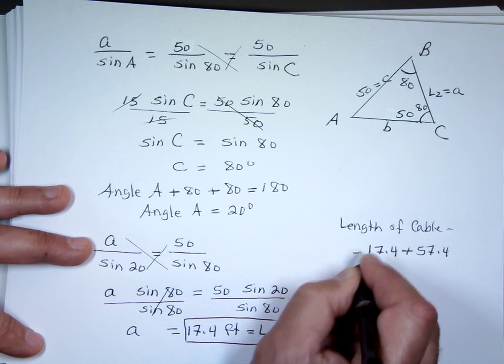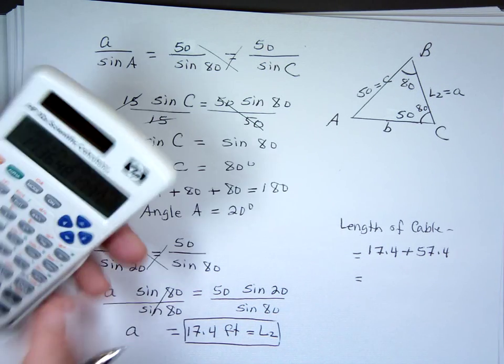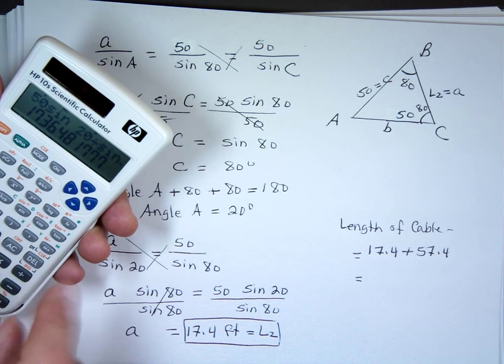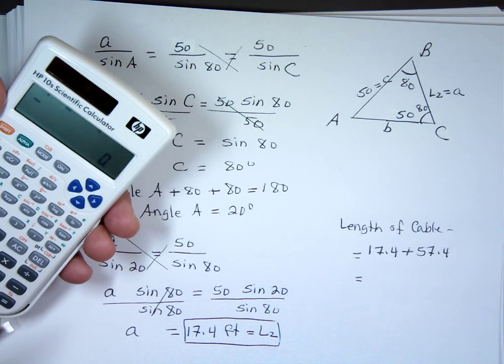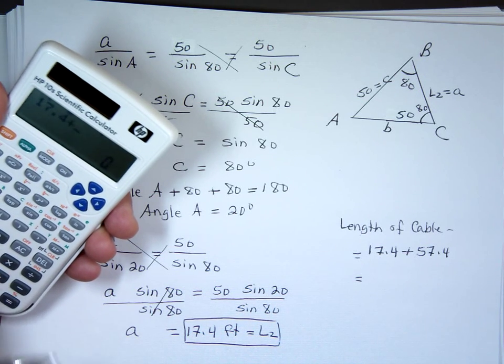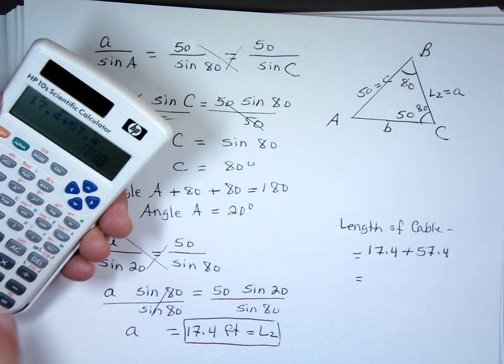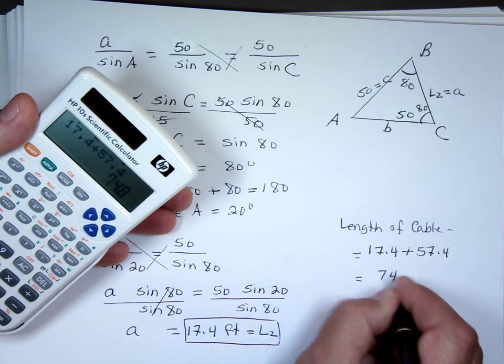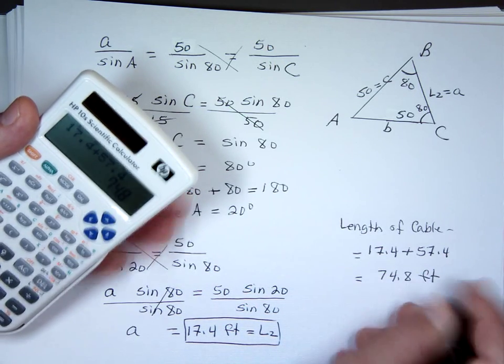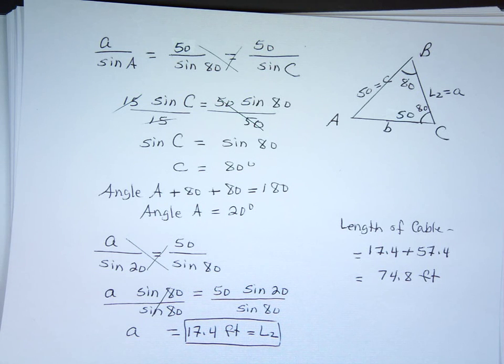So I better go to Lowe's or Home Depot now and I need 17.4 plus 57.4, and that's 74.8 feet of cable. Then you're gonna put a knot on the top, a knot on the bottom, a knot on the top, a knot on the bottom on the other side. Let me add a couple more feet for the knots. So I need about 79 feet of cable if you add 2 more feet to hook them.